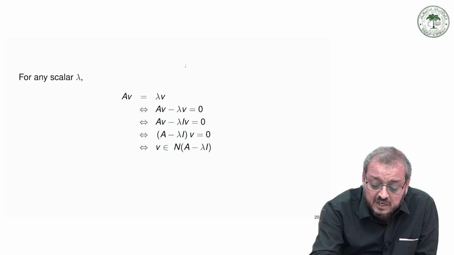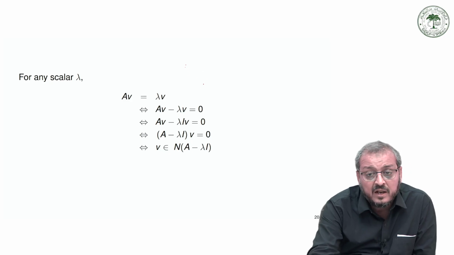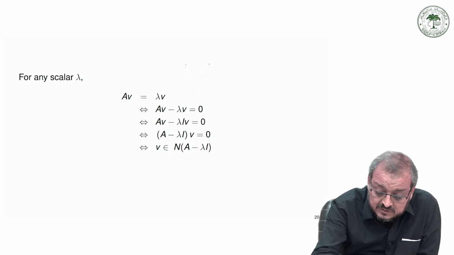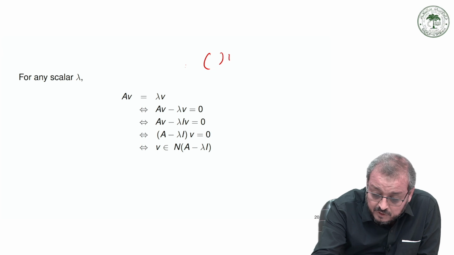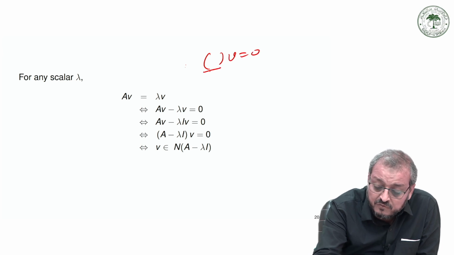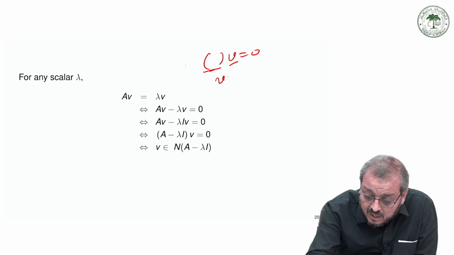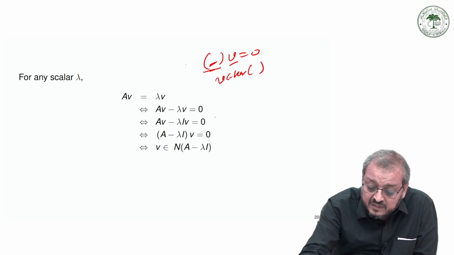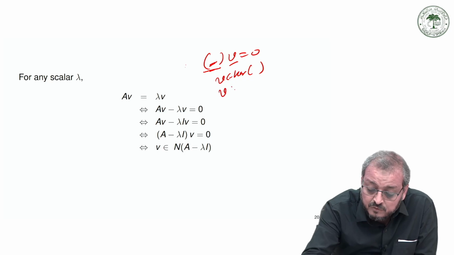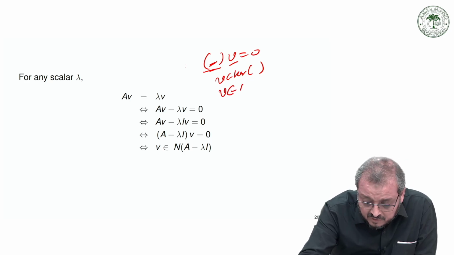If it forms a transformation T, then T of v equal to 0 means that v belongs to the kernel of T. In place of T we have A minus lambda I, so v is an element of the kernel of A minus lambda I.